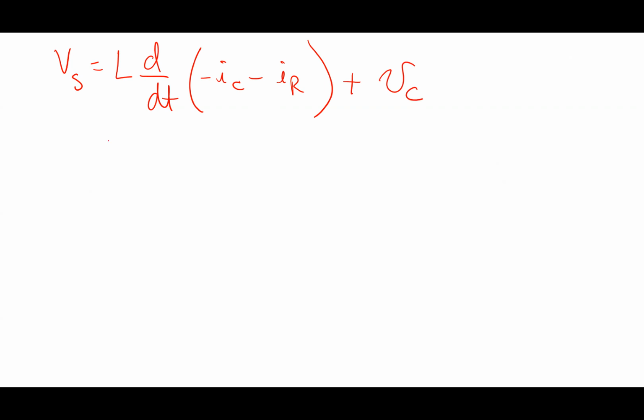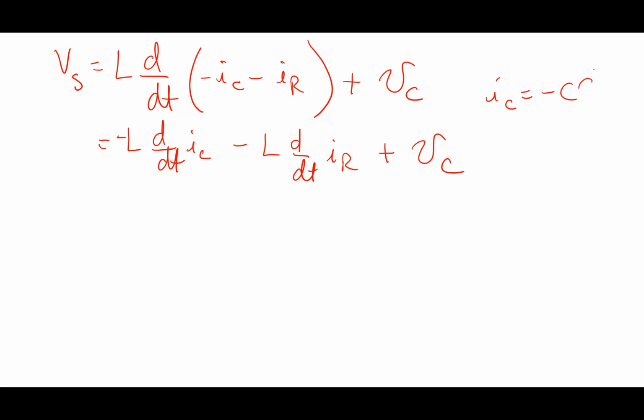So that becomes L d by dt of negative I sub C minus L d by dt of I sub R plus V sub C. And as somebody just said, I sub C is negative C dV dt.